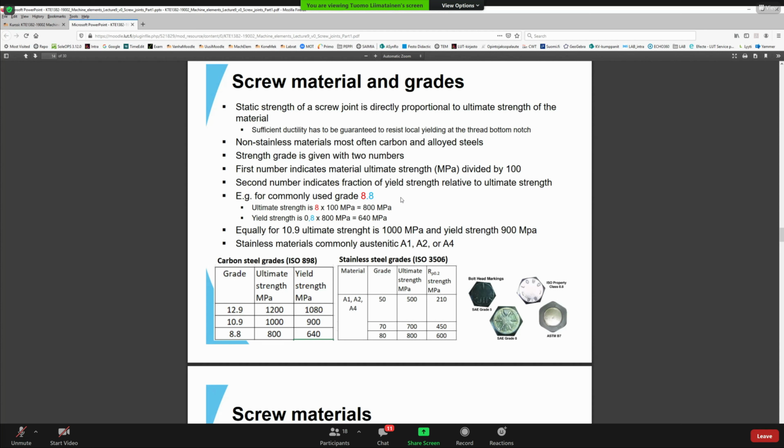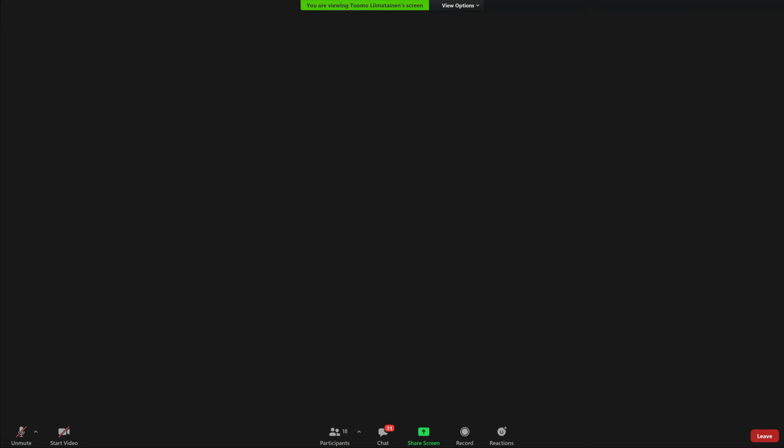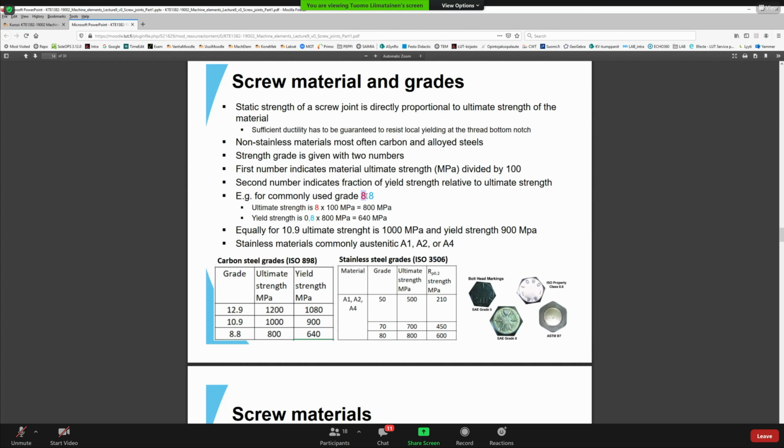That means the first number 8 stands for 800 megapascals of ultimate strength. And then the 0.8 after it means that the yield strength relative to this ultimate strength is 0.8. So with this designation, we can directly see the ultimate strength and the yield strength of the bolt material.